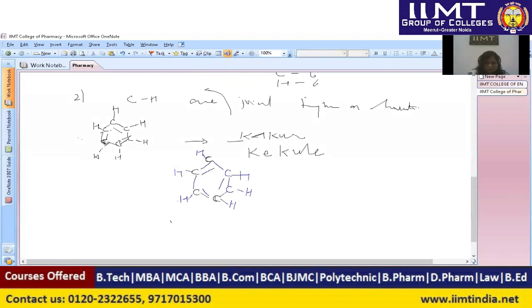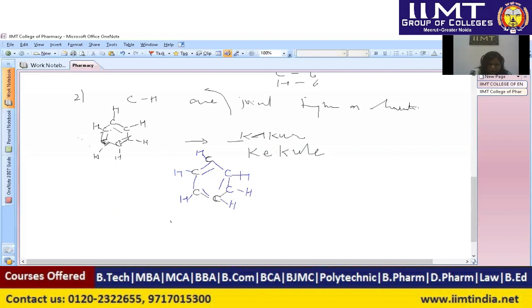A tentative structure can be shown like this, just to show that there can be resonance, which can be shifting. This was Kekulé who designed the structure, and the shifting of electrons was possible here. The structure of benzene was shown by Kekulé, and the proposed structure was this too, where we have shown the resonating structures.